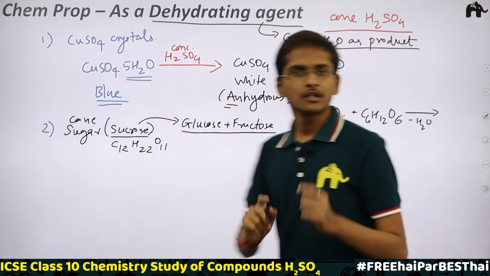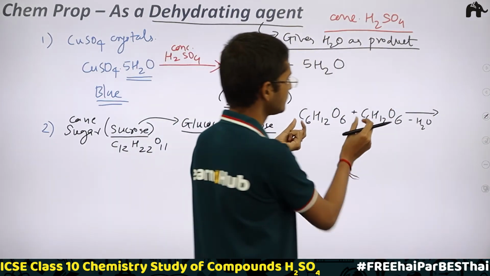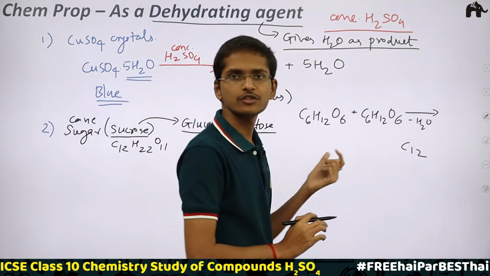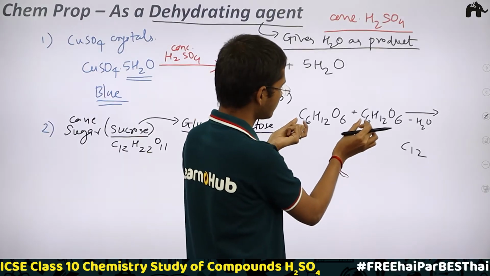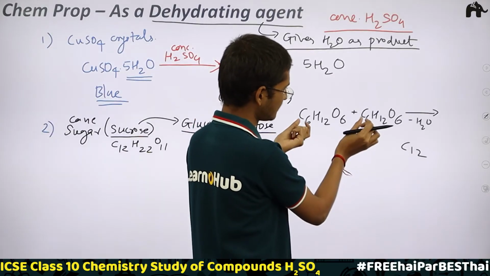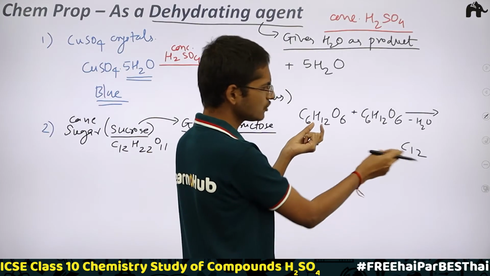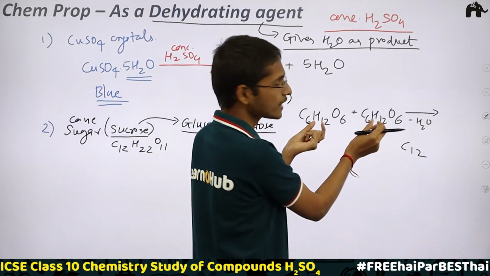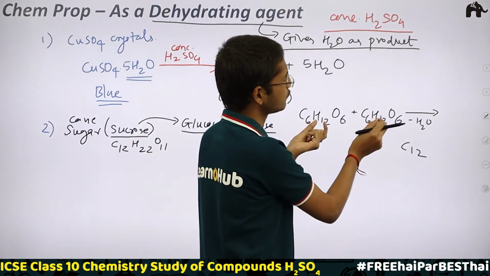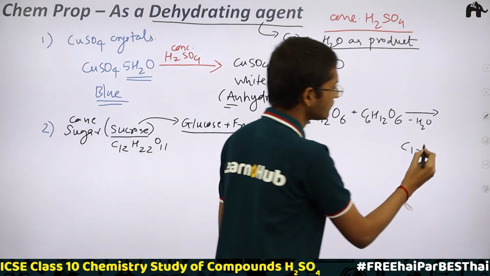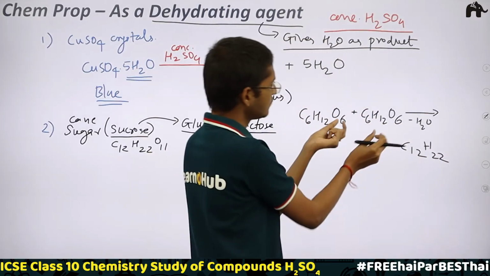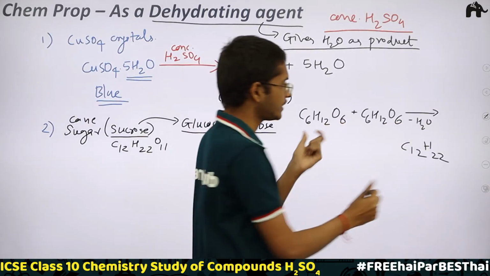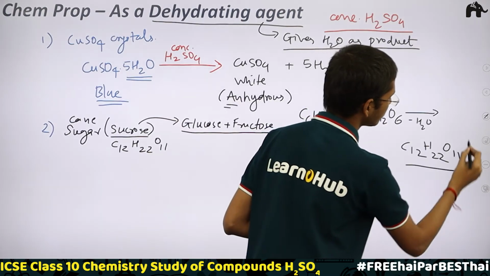Carbon would add up as C6 and C6, C12, 12 atoms of carbon. Then 12 and 12 atoms of hydrogen would become 24, but then we are removing 2, so 24 minus 2, 22, so H22. And then O6 and O6 is O12, but removing 1 oxygen results in O11. So see, we got the formula for sucrose.